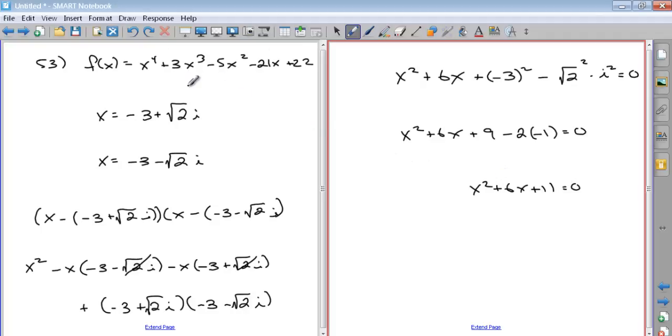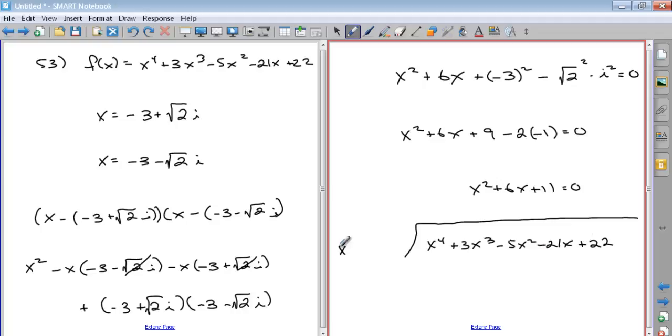So then we have to take the original expression, x to the 4th plus 3x cubed minus 5x squared minus 21x plus 22, divide that by x squared plus 6x plus 11.